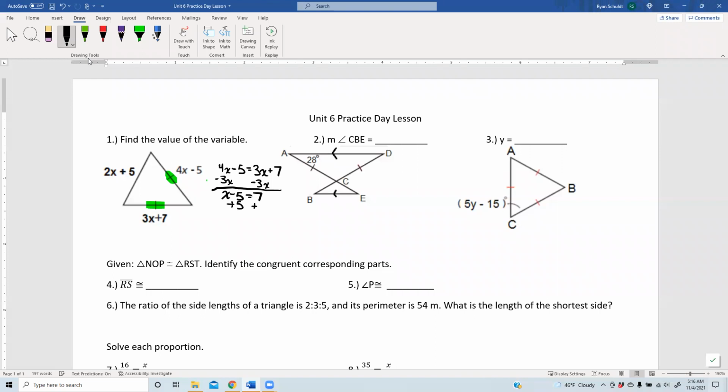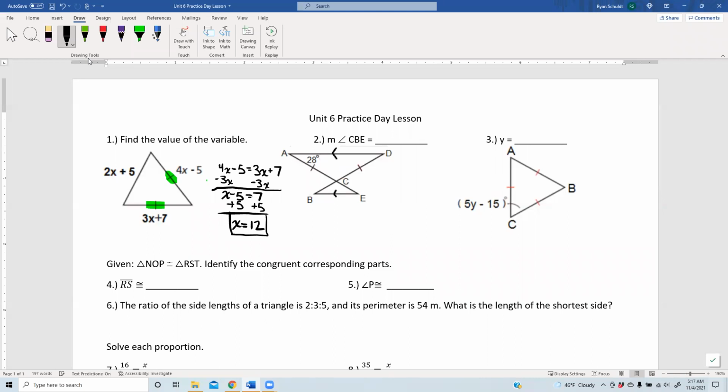Add 5 on both sides. And we get x equals 12. And we found the variable. That's it. X equals 12. That's all they ask us to find. That's number 1.